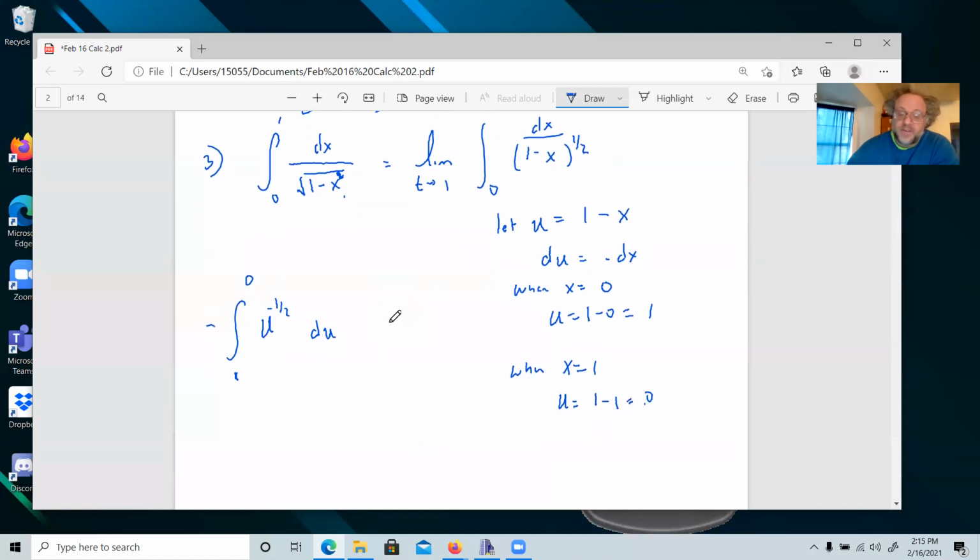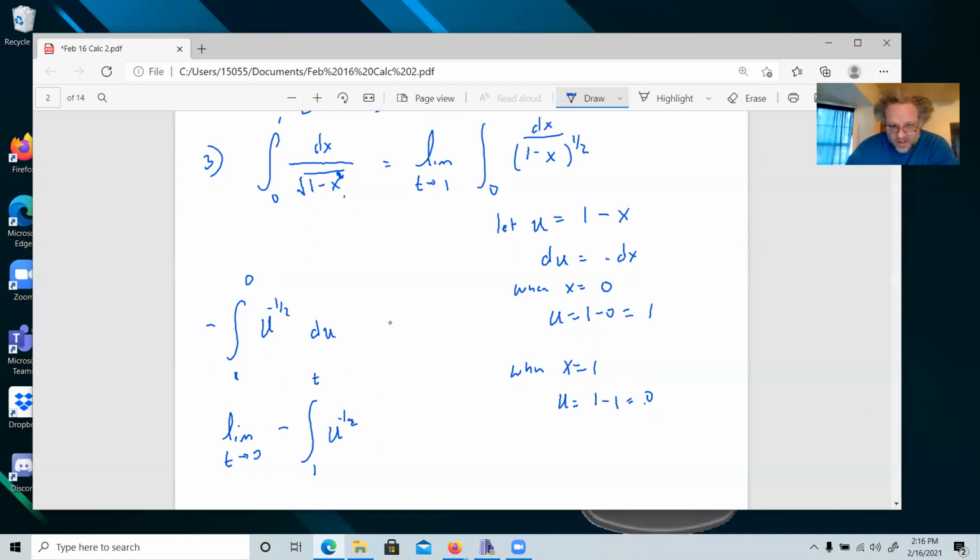Which is nice because I'm going to keep my limit. This is still my limit, as t goes to 0. I guess we could pick a different letter because now we're dealing with u space, but it's not like we need to conserve letters. It's 1 to t, because when u is equal to 0, we have problems.